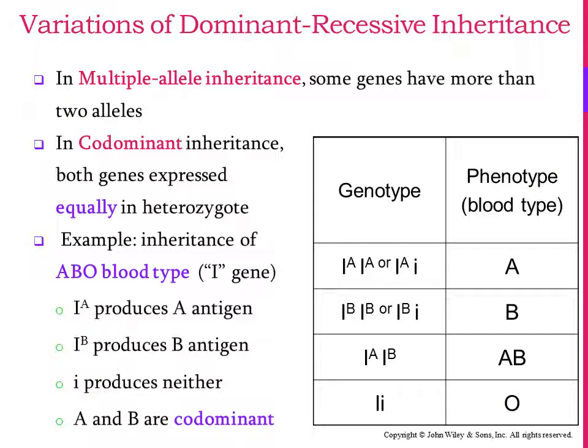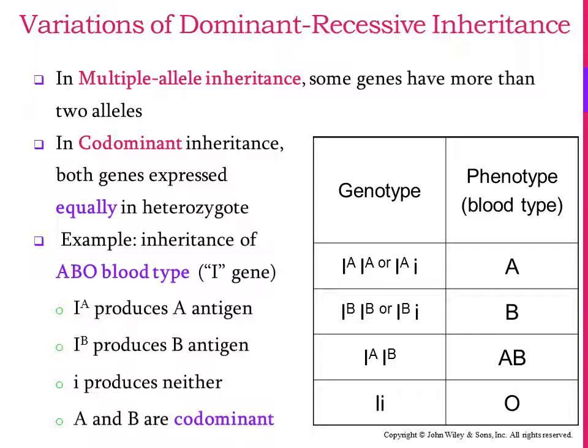Another variation on the pattern of inheritance is multiple allele inheritance, where some genes have more than 2 alleles. So there's versions 1, 2, and 3, or in this case with blood typing, there's A, B, and O. The ABO blood type is also an example of codominance, where both genes are equally expressed in heterozygous.